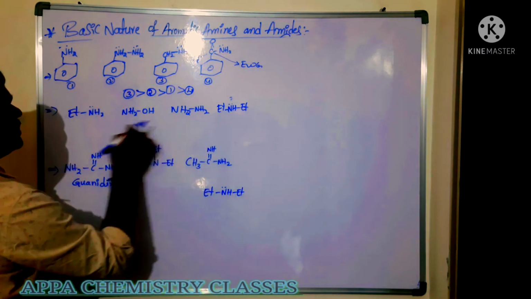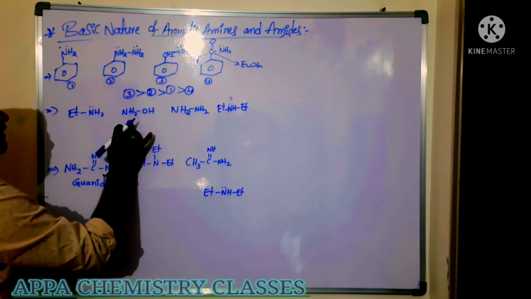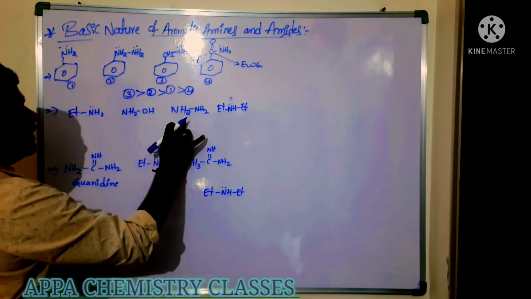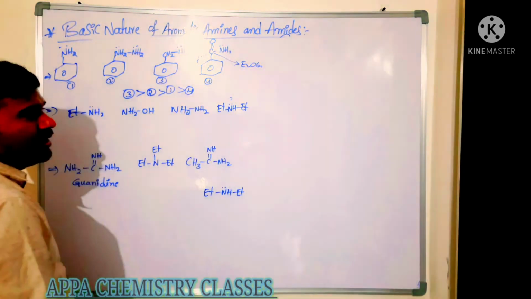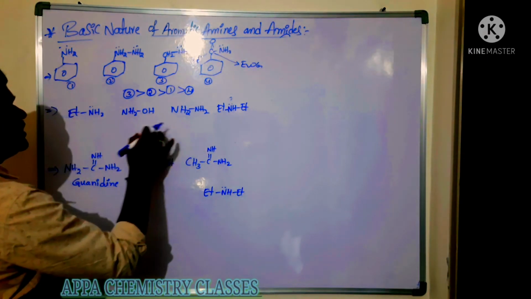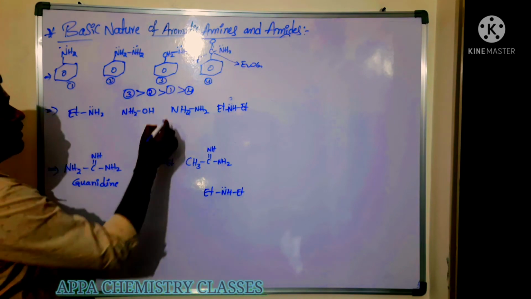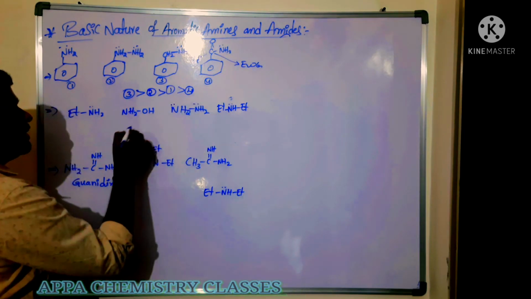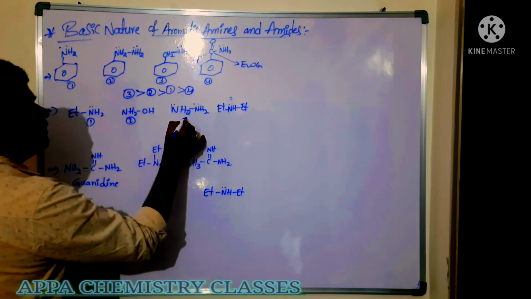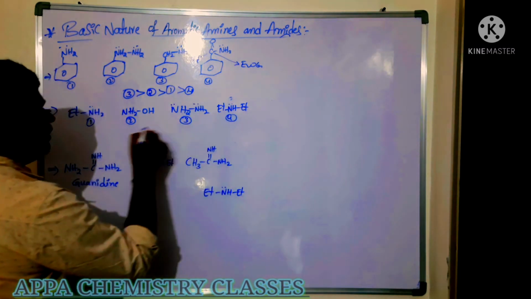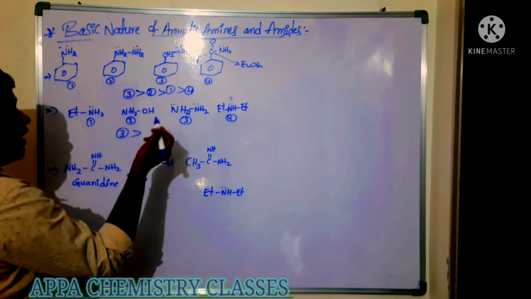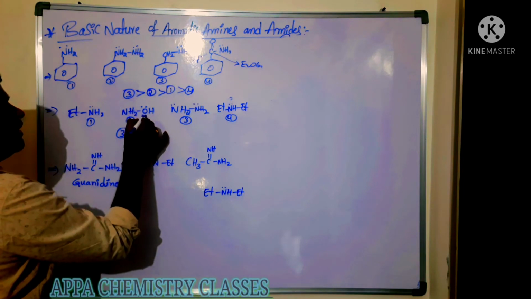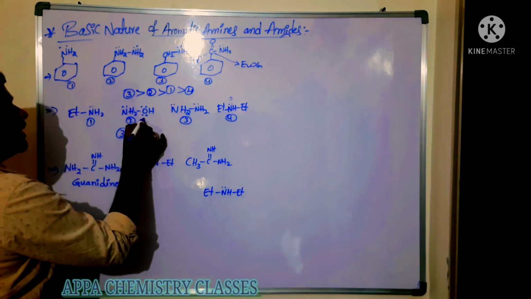Now among these, it is ethylamine, it is hydroxylamine, hydrazine, it is a secondary amine. Now among these, which can easily donate the pair of electrons? Now here 2 nitrogens, hydrazine, 1, 2, 3, 4. Now 3 is more basic. After that, you see here, this nitrogen is attached with what?